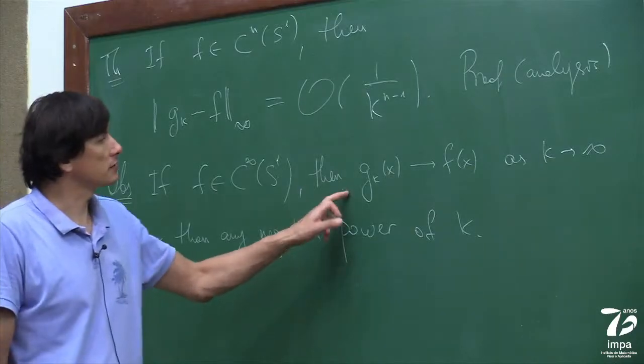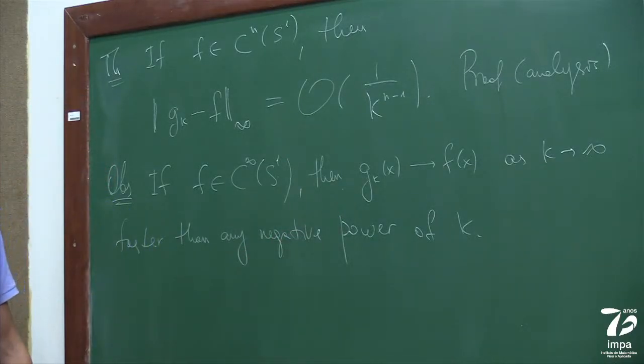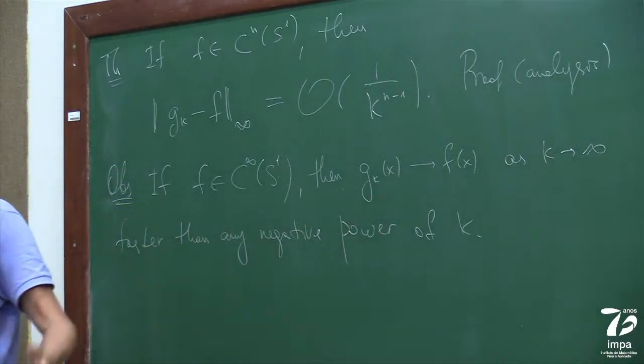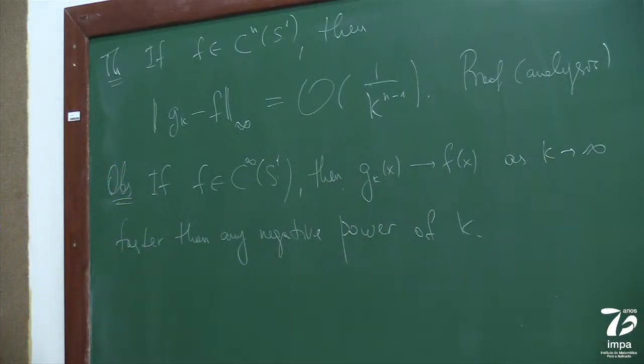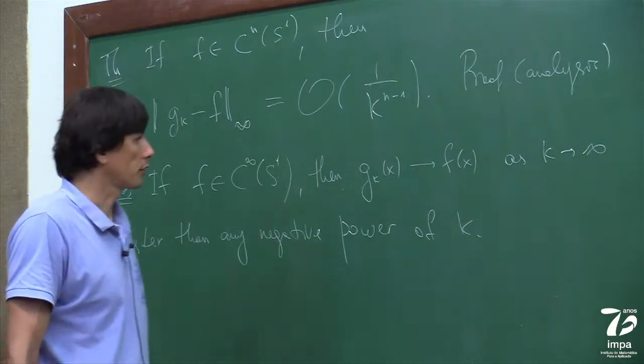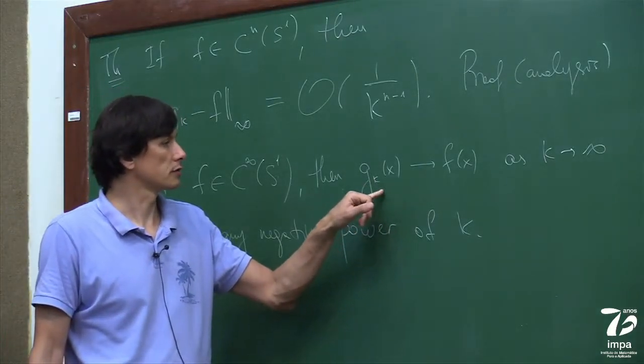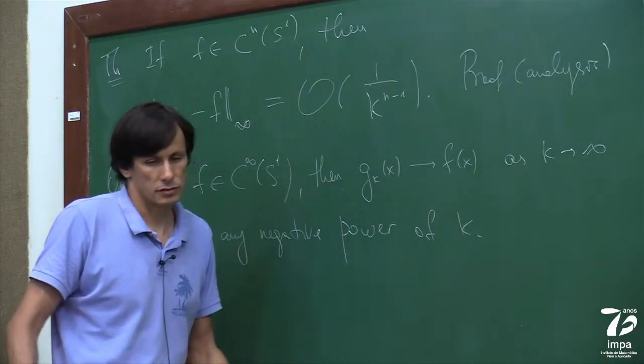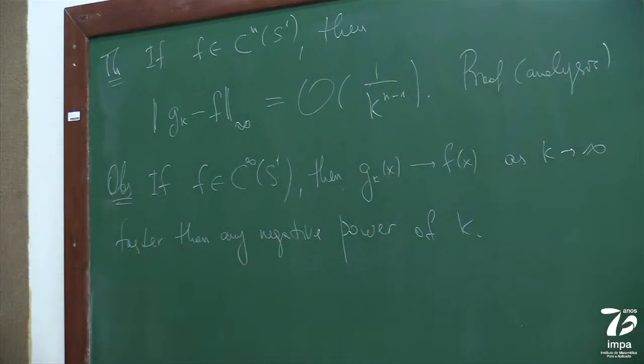And from computational analysis, you probably remember that if f is an analytic function, it converges exponentially fast. You can even find the exponent, because the convergence of the Fourier series for analytic functions is defined by the nearest singularity, which is outside the real line in the complex plane.